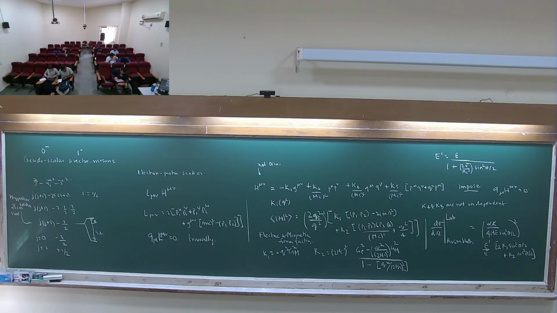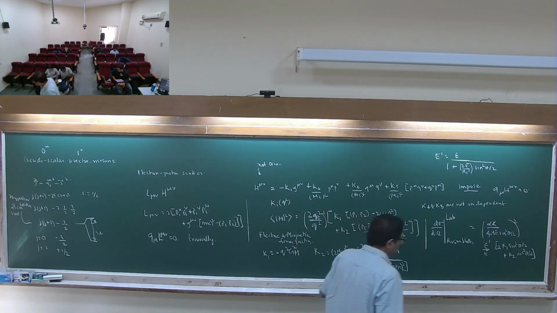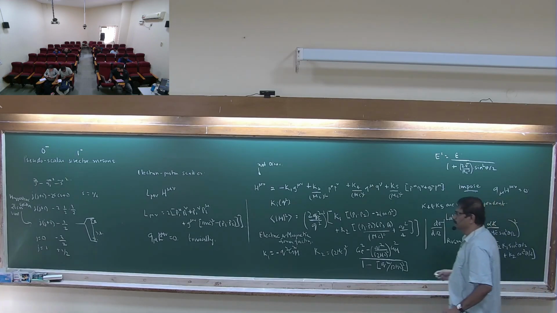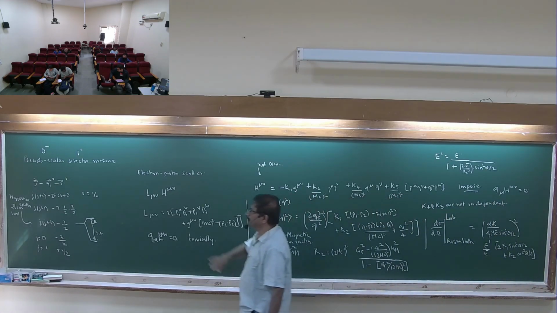So what is this conveying to us? This is conveying to us the fact that even though the proton is a complicated object, it has 3 quarks sitting in it, and it has a gas of gluons and QQ bar pairs and so on, its response to the electromagnetic field, after all, what is going on?